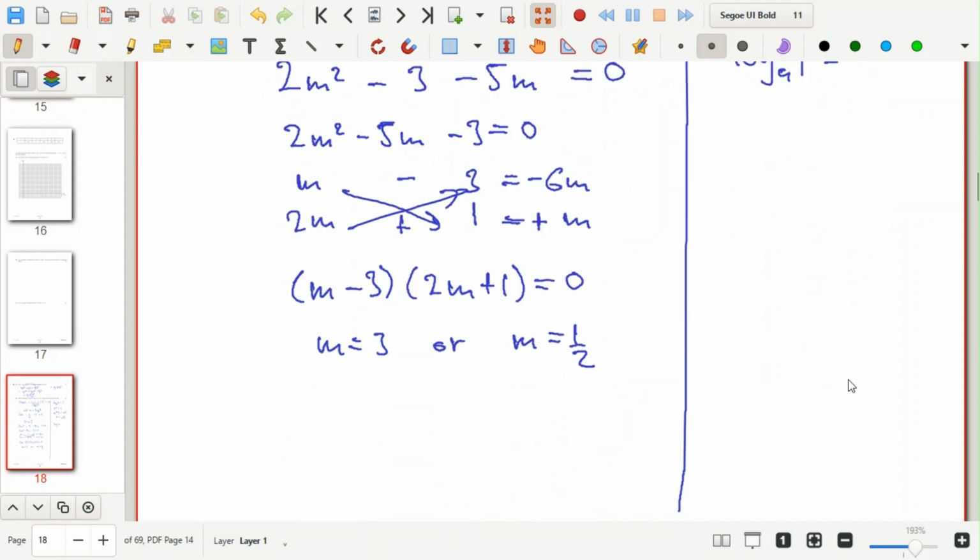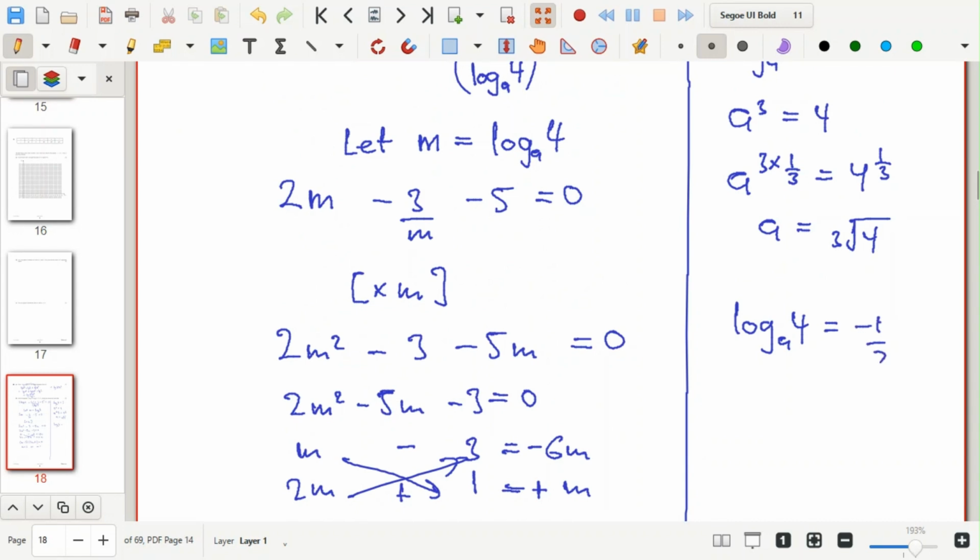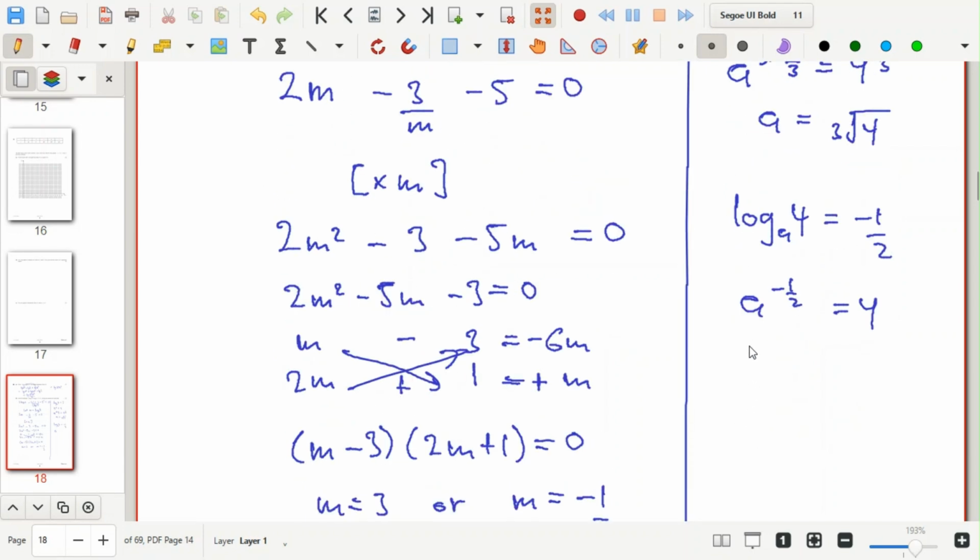What if when your power is negative half? Okay, negative half. Let me write it properly before the examiner marks me wrong. Negative half. So I'll multiply this by negative 2.